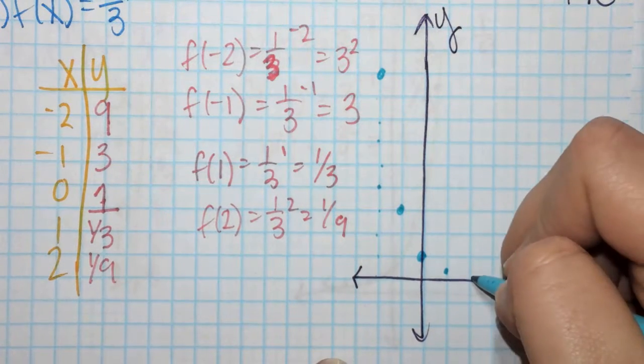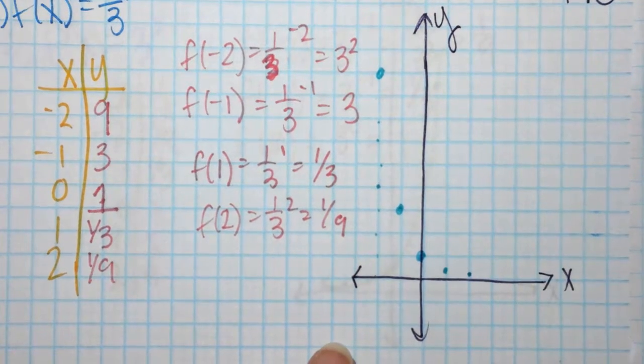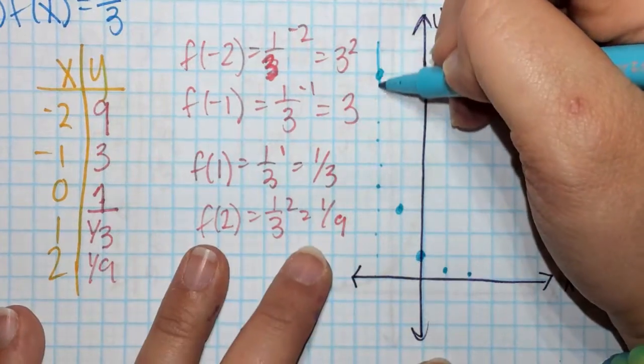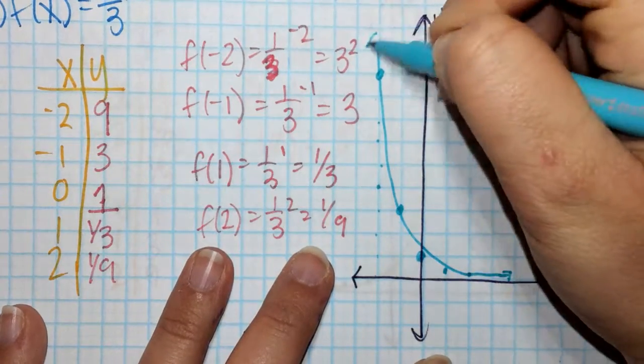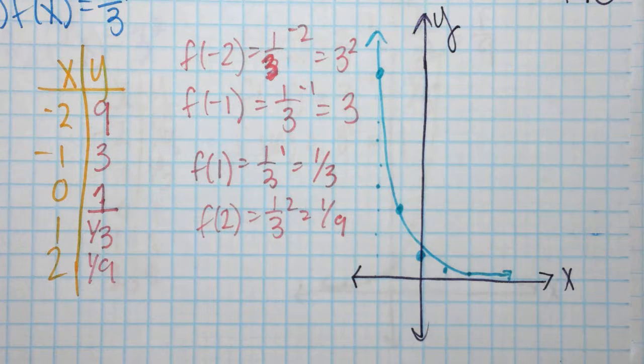Right to 2 and then down. And then we connect them, and it's a decay. Do we ever touch the x-axis? No. Look at us go. But could you? You could. Alright, so you are going to do the next one without me, and then you're getting your homework, and we're done.